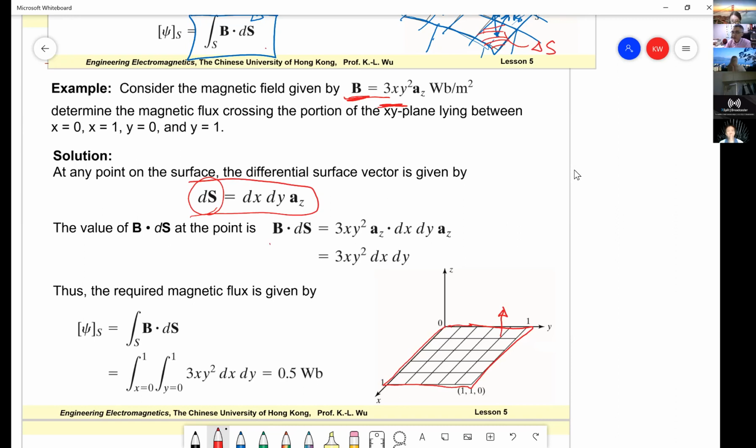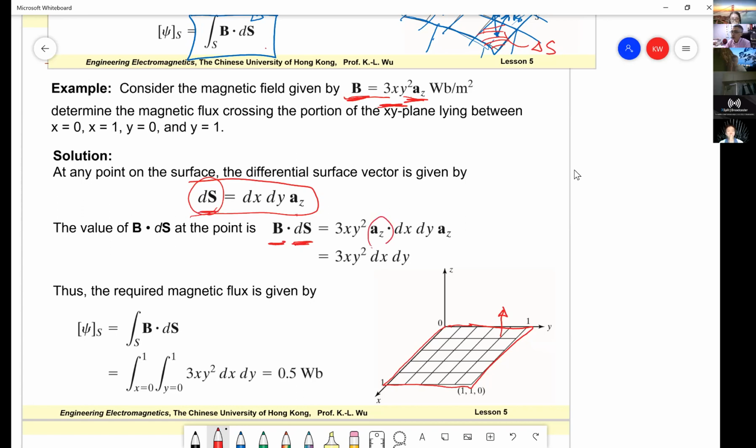Then we conduct B dot dS. We conduct B dot dS because this is a very simple example. The field B is in the z direction, and my dS is also in the z direction.